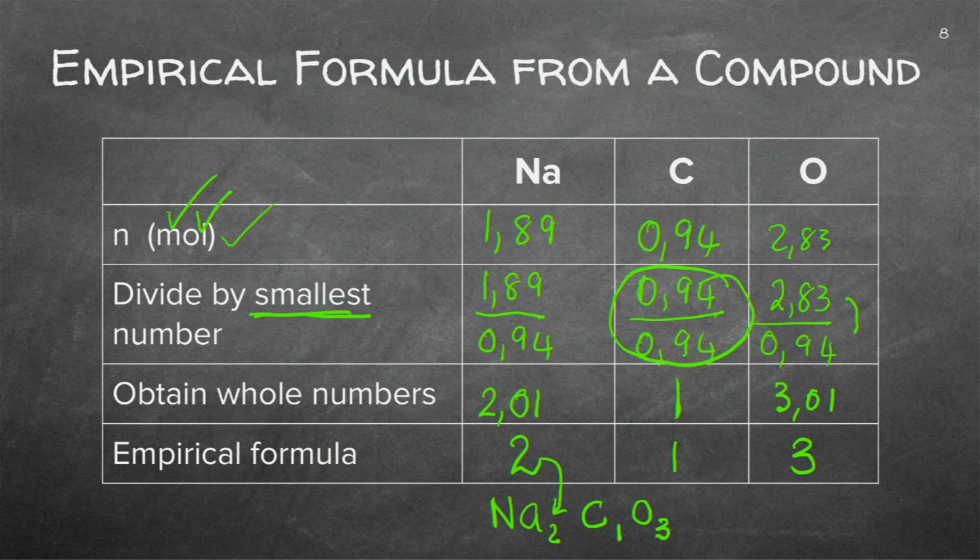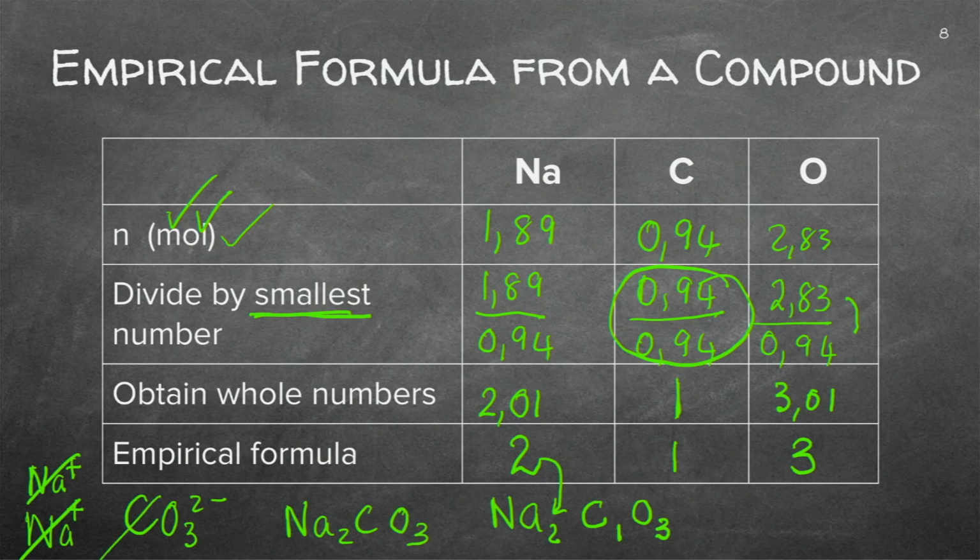And if you go and have a look at what you've done before, you will know sodium, because it's got the charge of 1, 2 of them will bind to 1 carbonate. And can you see that's exactly the formula that I've got? Na2, there we have it, 1 carbon and 3 oxygen. That's how we determine the empirical formula.